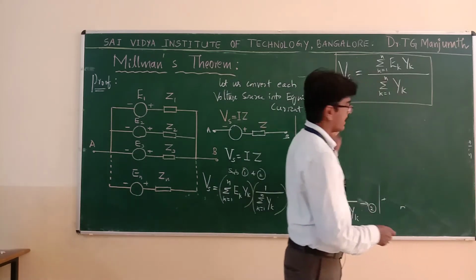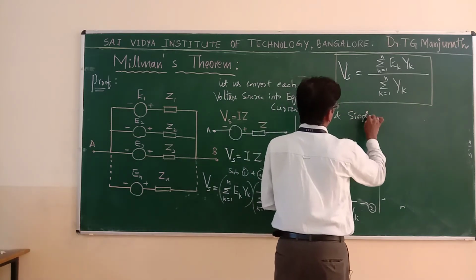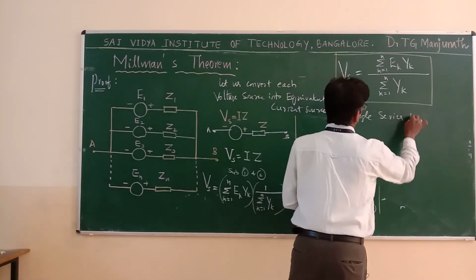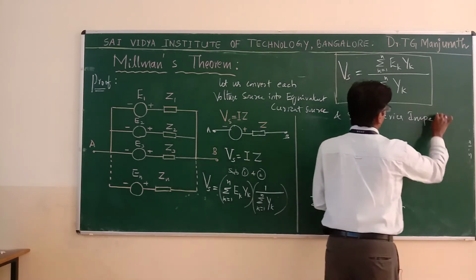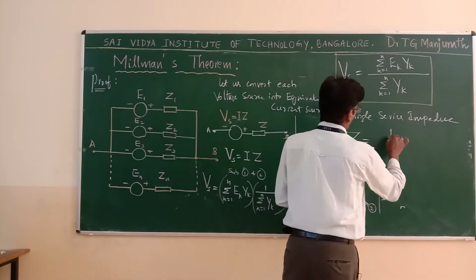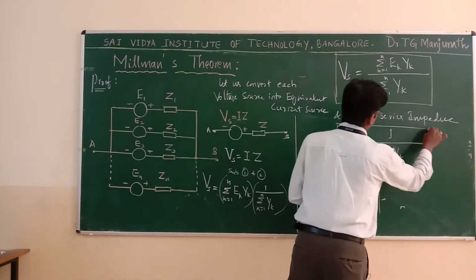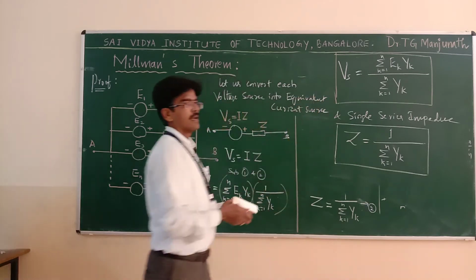Okay, all of you observe here. The single series impedance is given by Z equal to 1 divided by the sum over k equal to 1 to n of Yk. That is your single series impedance.